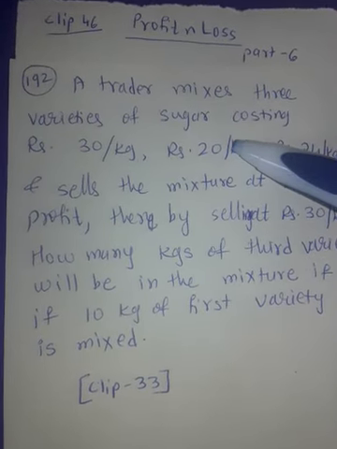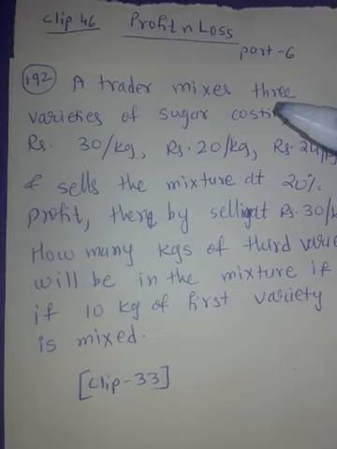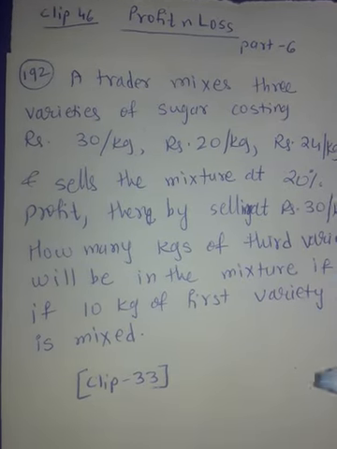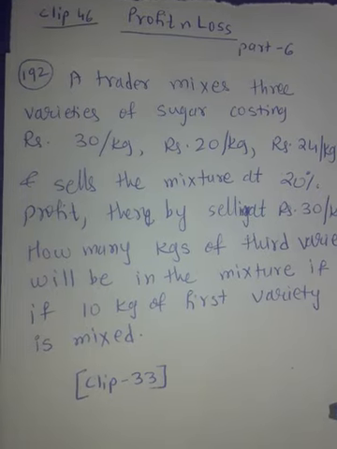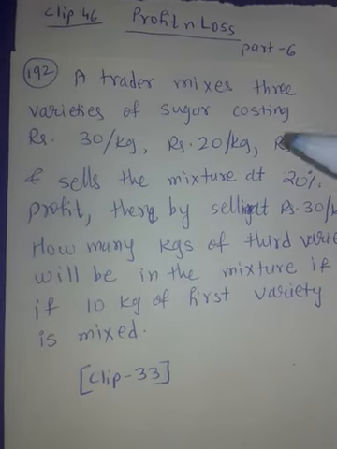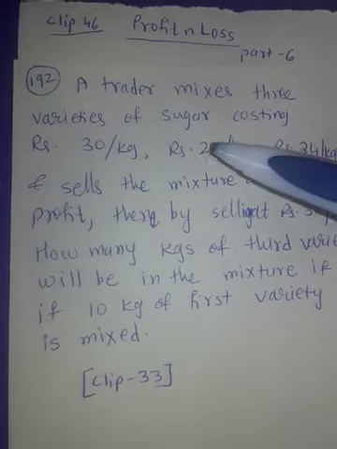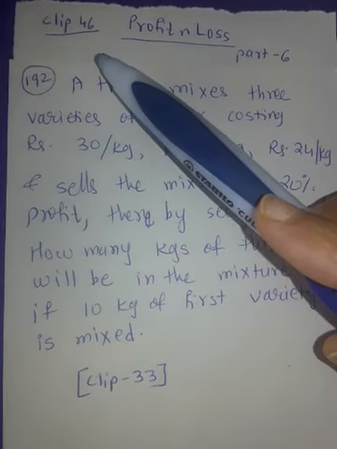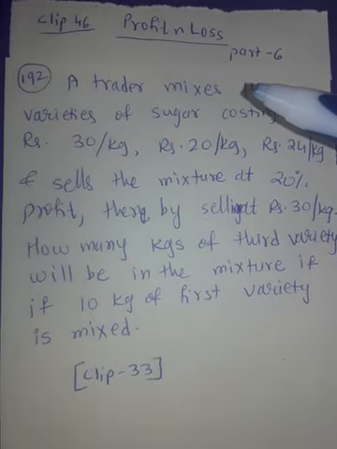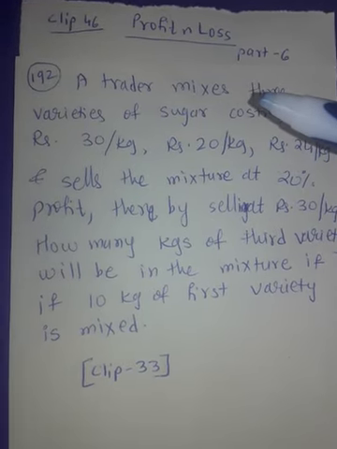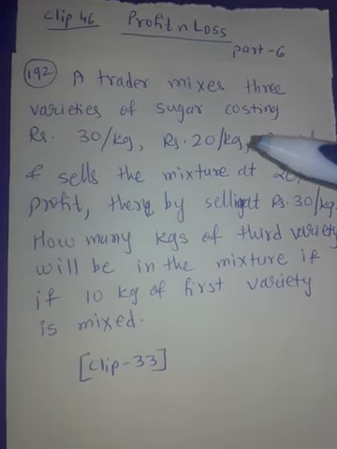For this my suggestion is first you watch clip number 32 and 33. In 32 and 33 I have covered the alligation rule for 2 objects and 3 objects that you are going to need for today's clip. Also the earlier clip, clip number 45, where I have covered how to use the shortcut of the alligation rule in profit and loss.